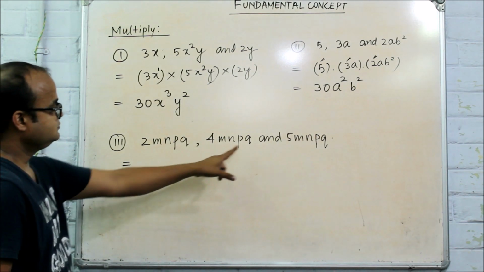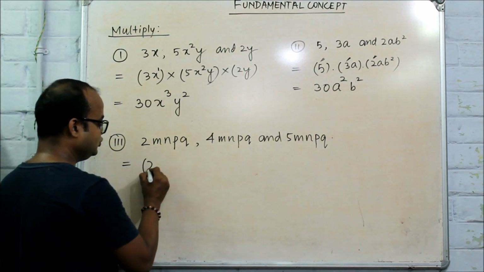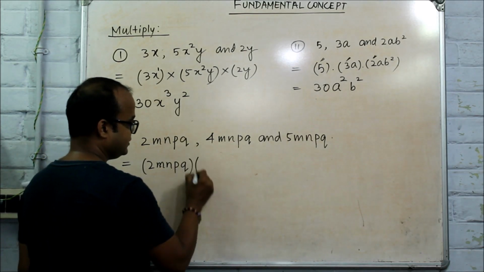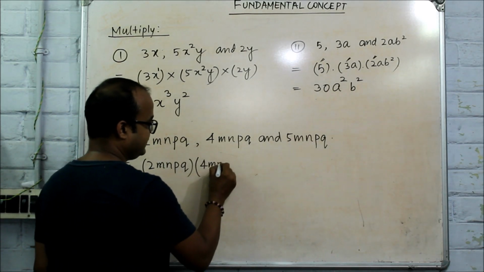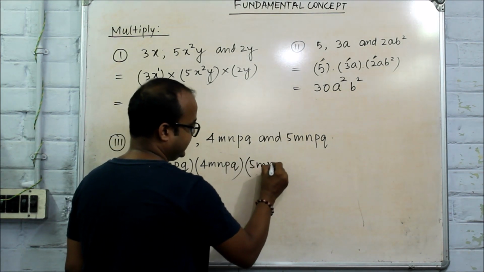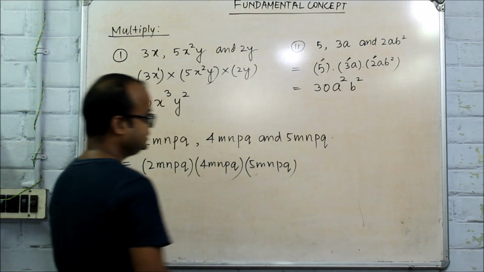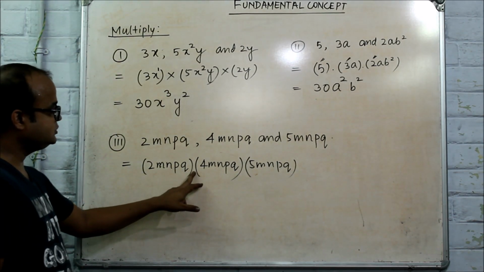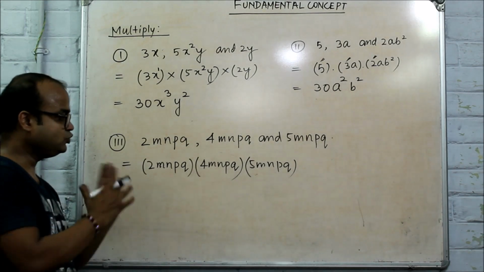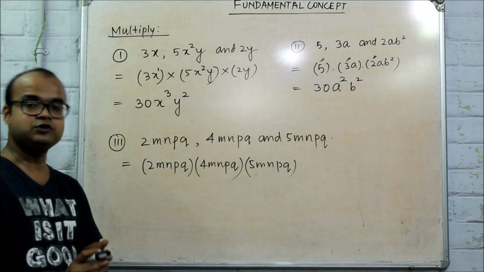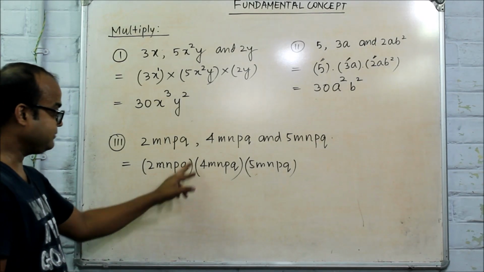Now these three, so we write 2mnpq, 4mnpq, 5mnpq. Now see, I am not giving dot or cross. If no sign is there, terms written consecutively also mean multiplication, but I am using the bracket.